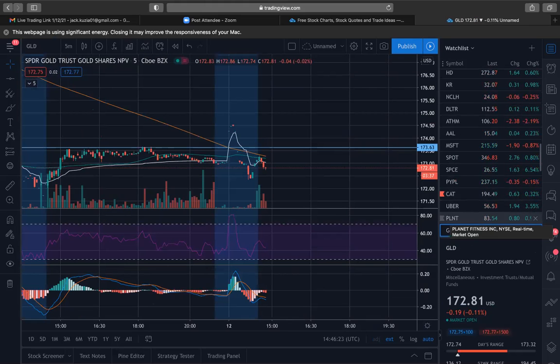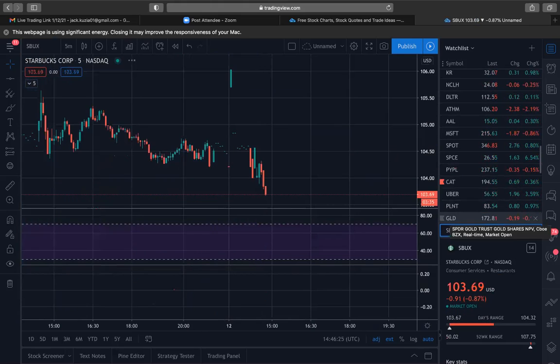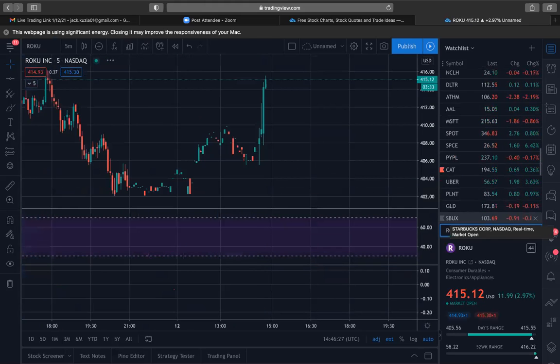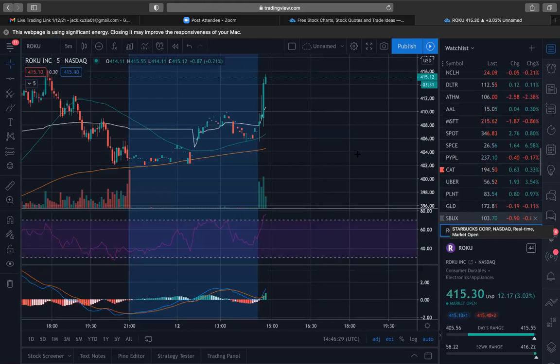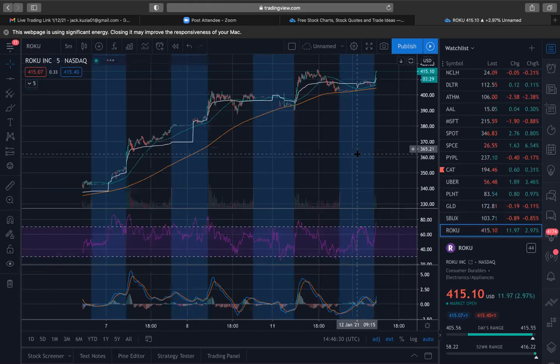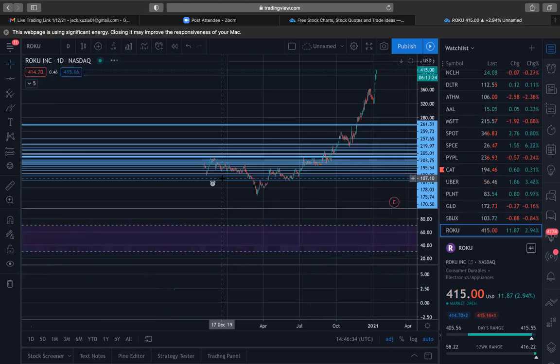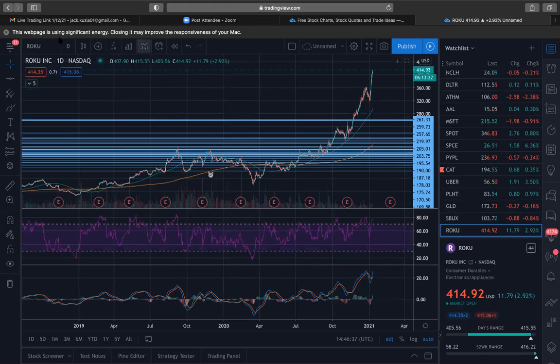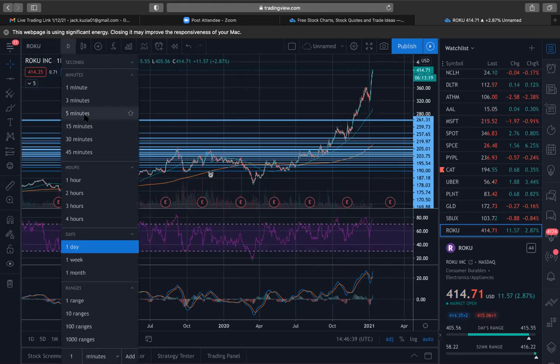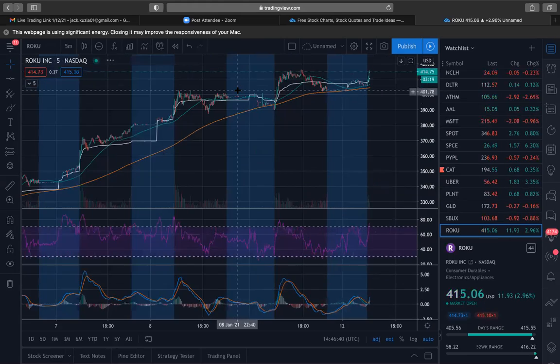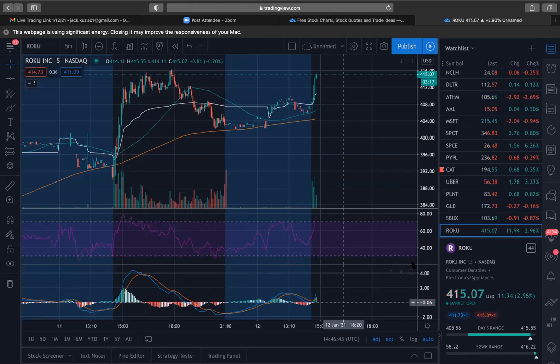For example though, SPCE, we will be watching that for VWAP strat. Looks really solid. Roku's on a tear lately, I don't think I want to play it.